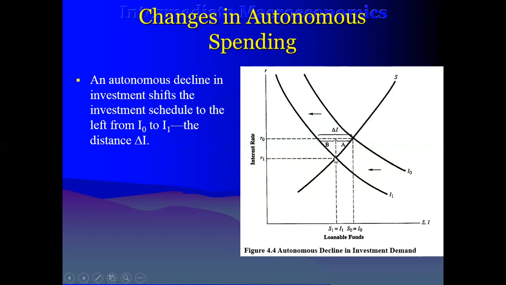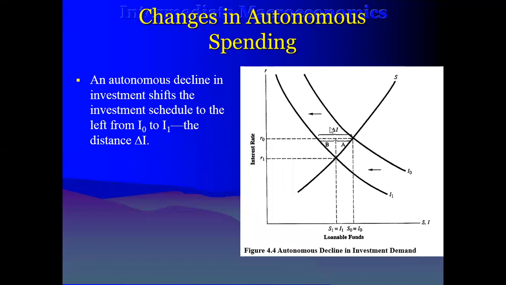Does this have a real effect? Is it going to change aggregate demand? If investment should fall, then yes, aggregate demand should fall because investment is a component of aggregate demand. Now, the distance from here to here is the change in investment.